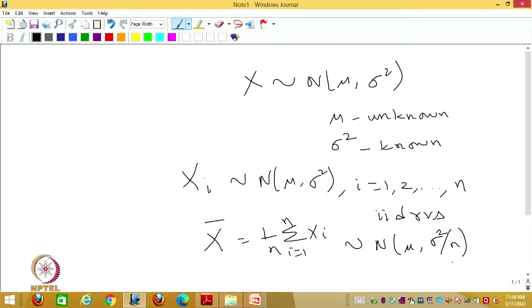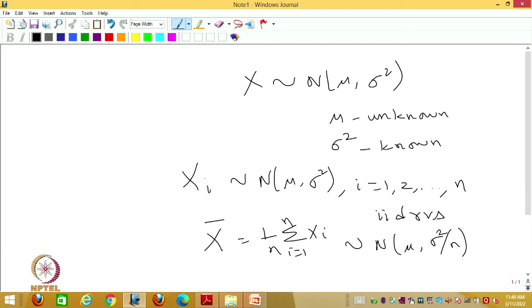This part we have done in the previous topic as a sampling distribution. This derivation we have already done. Whenever the population follows a normal distribution, you can conclude the sample mean follows a normal distribution with mean mu and variance sigma square by n.